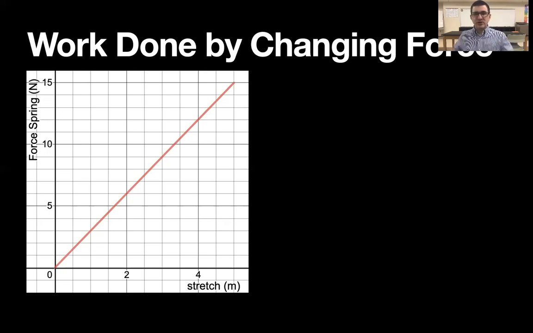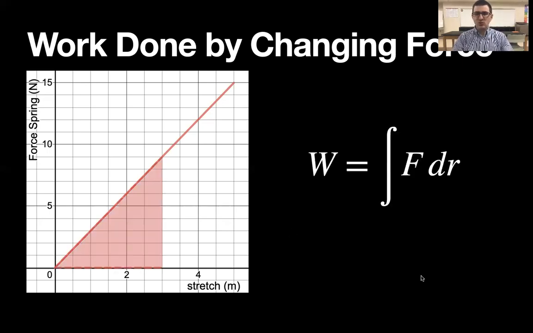So if you wanted to look at the work done, it's still the same rules. Again, assuming it's in the same direction, we can multiply by the cosine of the angle 0, and it's just 1, but I should probably be including those cosines of 0 in there just so it looks like I know what I'm talking about.